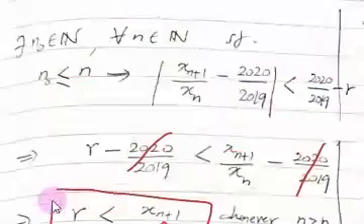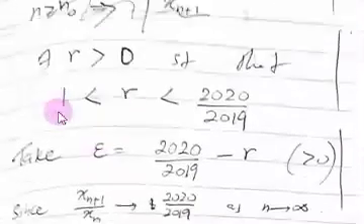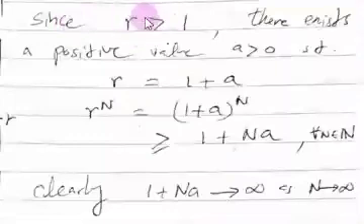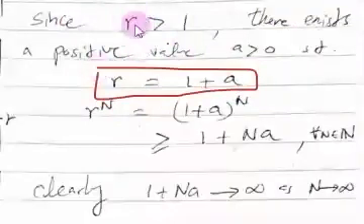Here, notice r is a number which is greater than 1. Since r is bigger than 1, there exists a positive value a such that 1 plus a is equal to r. Pretty simple, because r is a value greater than 1.